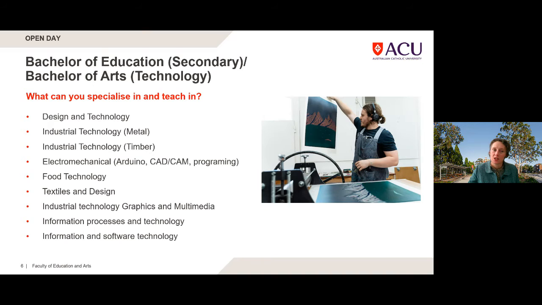So everybody specialises essentially in design and technology, and you'll get a taste of all of these aspects. So all of these areas: industrial design in metal, timber and plastics. You'll get a taste of electromechanical, including Arduino and programming. You'll build up your CAD skills, so your computer-aided design skills, through many of these units. So you'll learn to do computer-aided design.